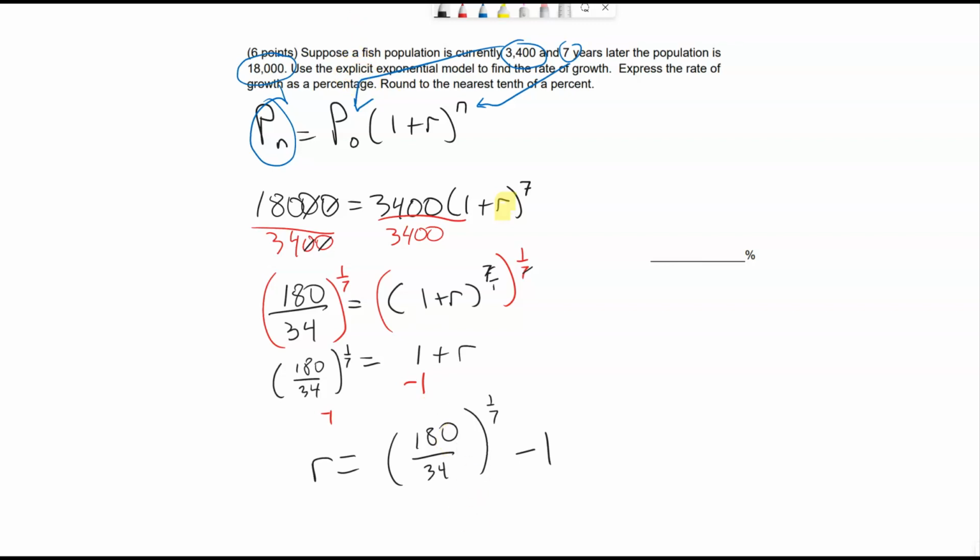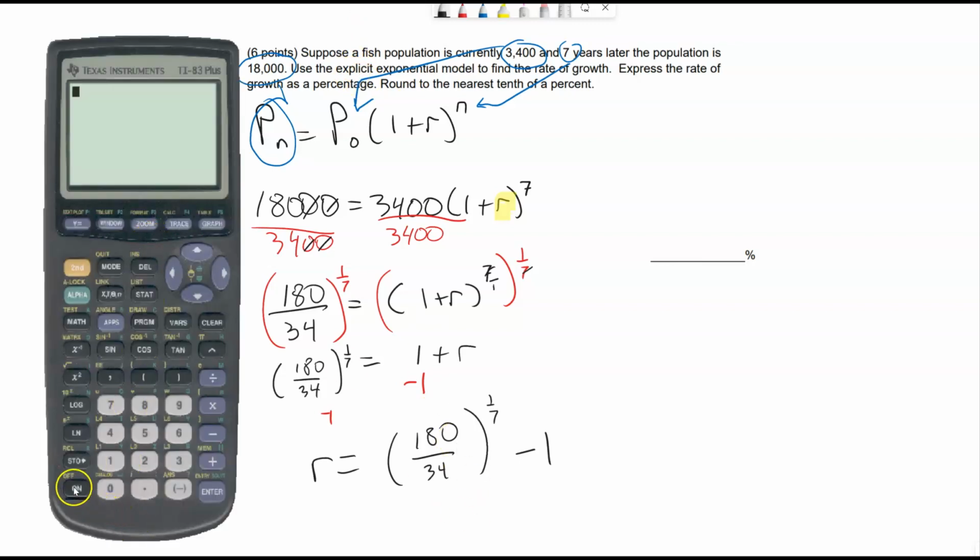Okay, so we can take a look. So we have parenthesis 180 divided by 34, close parenthesis, to the 1/7 power. I want to make sure the 1/7 is all in the exponent, so I'm going to use parentheses, 1 divided by 7, minus 1.